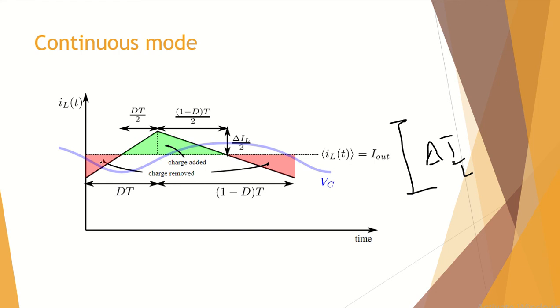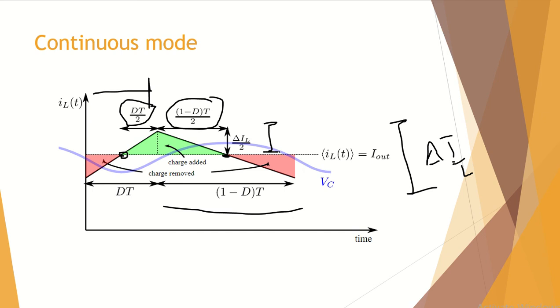This is our on time, so from this point to this point it becomes T on by 2. And this is our off time. We are taking the zero crossing over here and the zero crossing from here. From zero crossing to here it is T off by 2, and this one is del IL by 2.